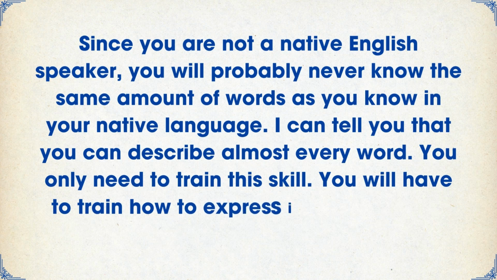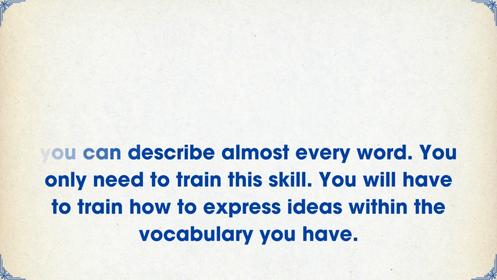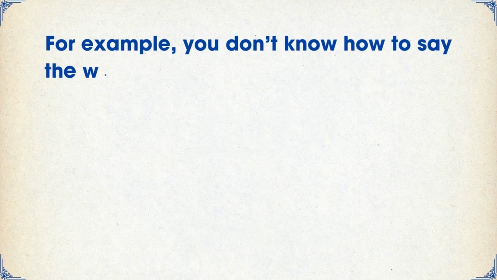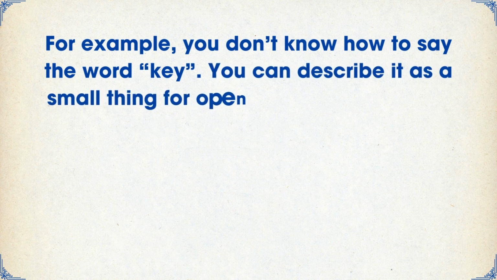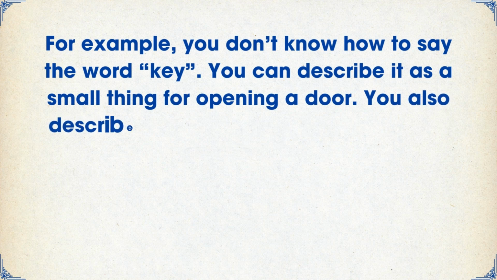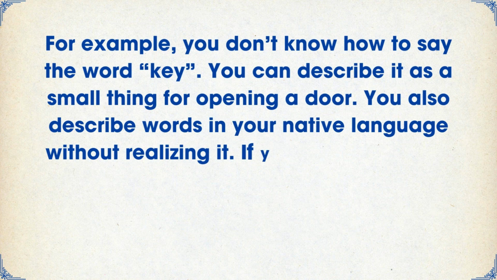You will have to train how to express ideas within the vocabulary you have. For example, you don't know how to say the word key. You can describe it as a small thing for opening a door. You also describe words in your native language without realizing it.